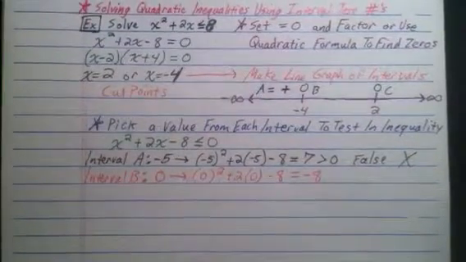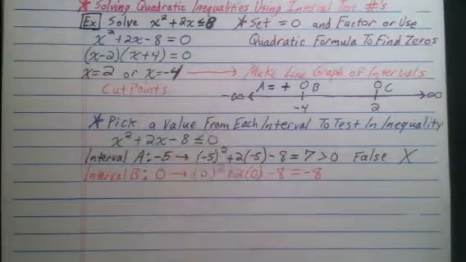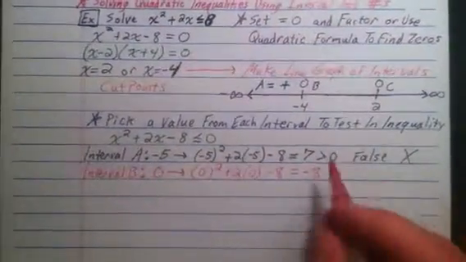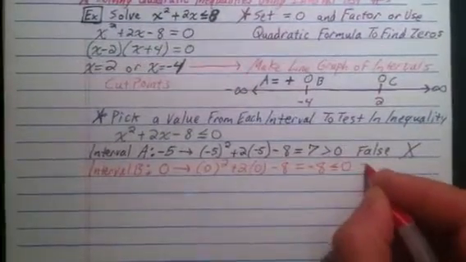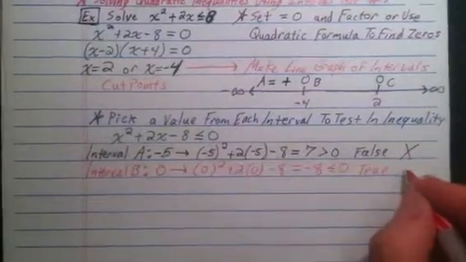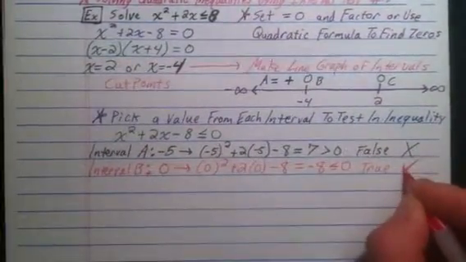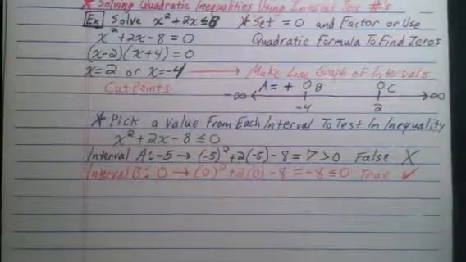It makes it easier to evaluate. Now, is -8 a number that is less than or equal to 0? Yeah, any negative number is going to be less than 0. So that's a true statement, we get a number that's less than or equal to 0, so we use interval B as part of our solution.